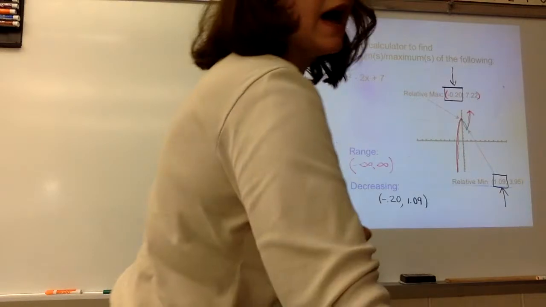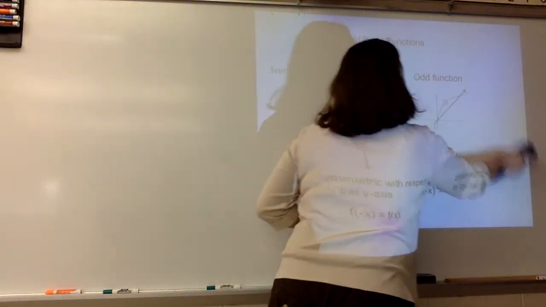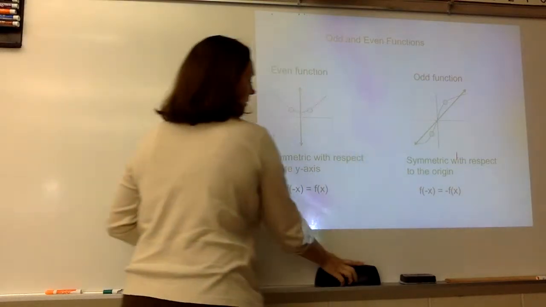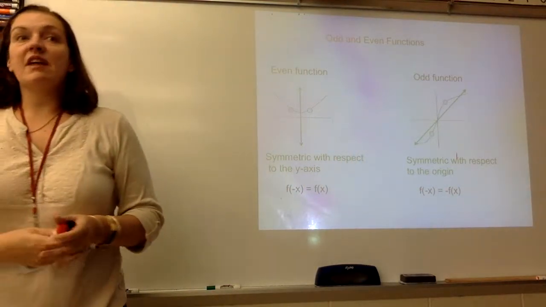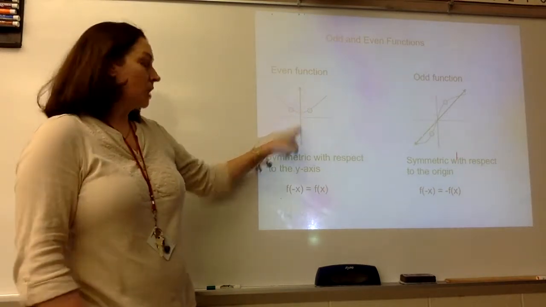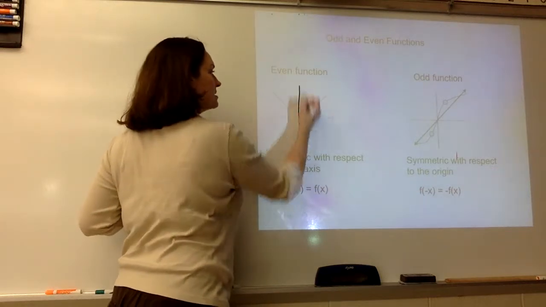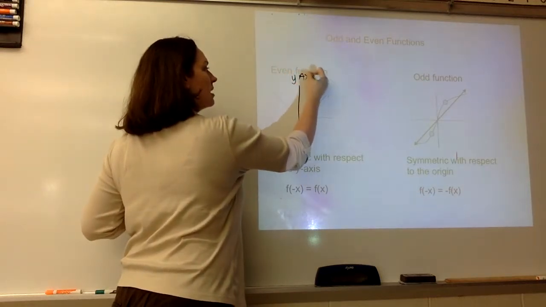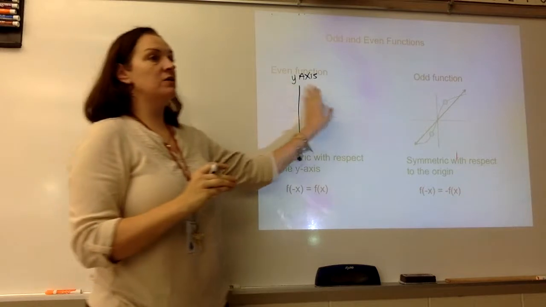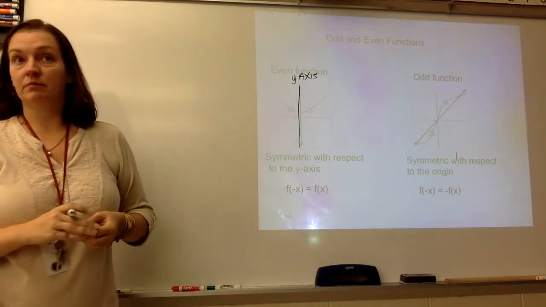All right, let's move on to odd and even functions. All right, the easiest definition for even and odd is the following. When you look at a function, you divide it in half using the y-axis. So this has to be the y-axis. If you have a mirror image, you have an even function.